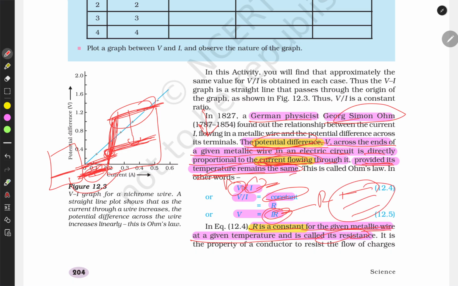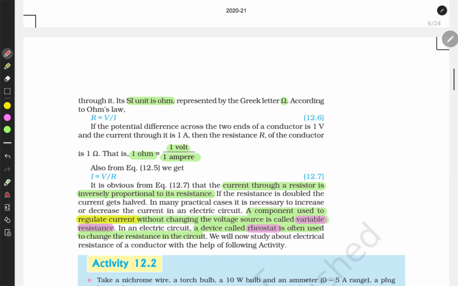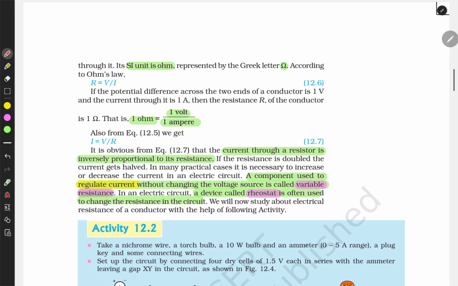These restrict the flow of electrons, the flow of charge, and because of this they heat up, because energy can neither be created nor destroyed, so the extra energy goes into heating up. Ohm is the SI unit of resistance, and 1 ohm equals 1 volt per 1 ampere.